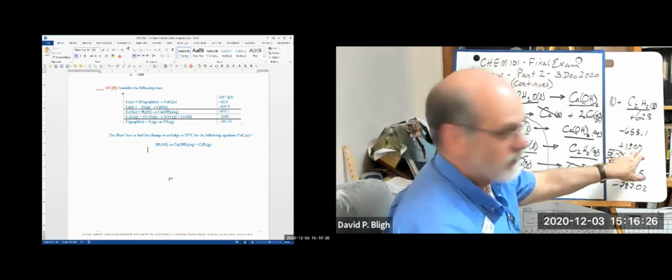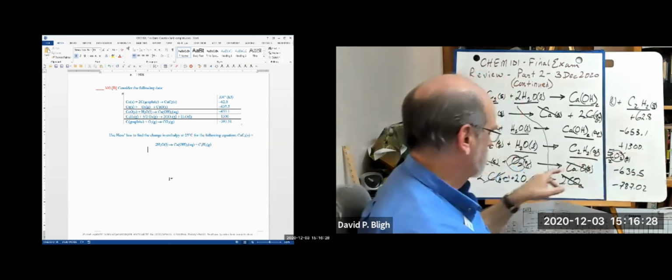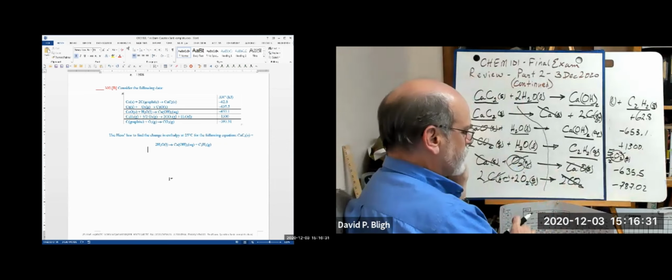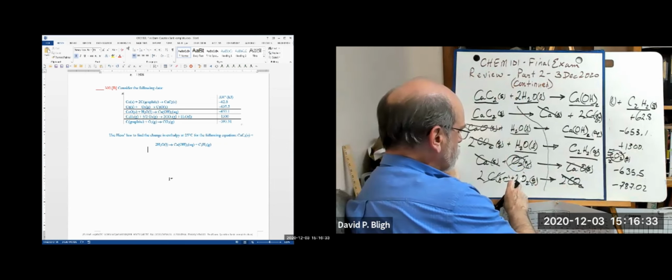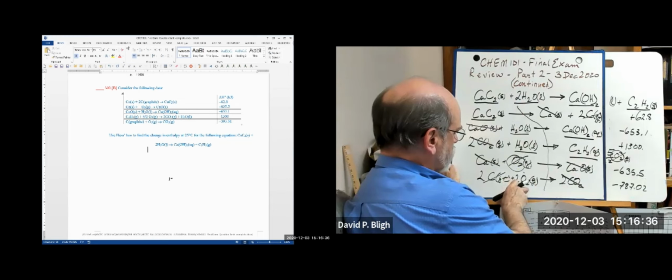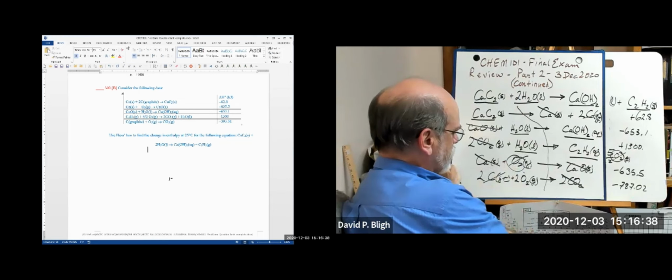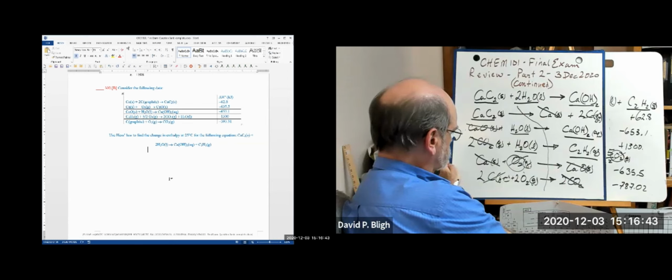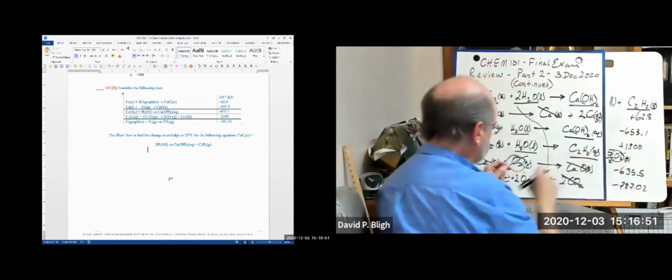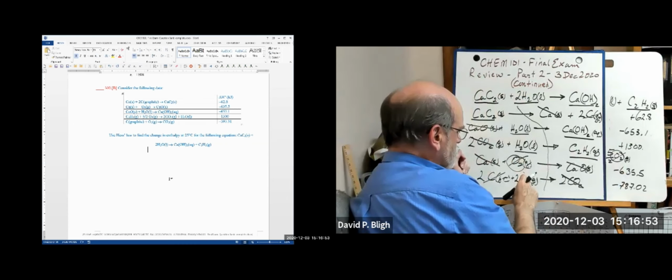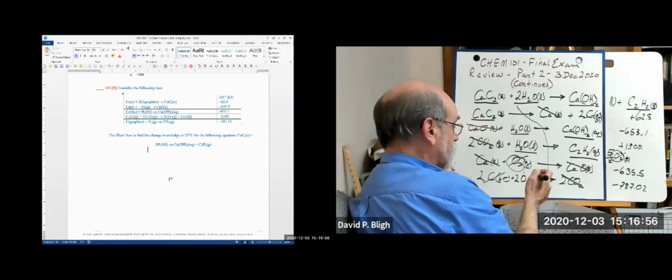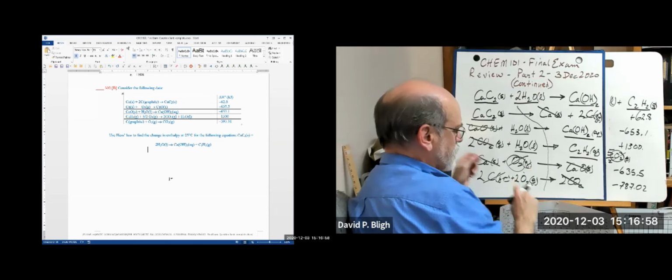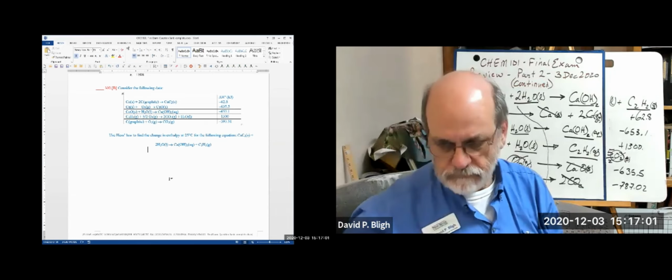Right. And plus 1300 is fine. Okay, now let's see if we can cancel things out. We've got 4 oxygens here, 5 oxygens there. No, wait a minute. We have 5 oxygens total. We have 1, 2, 3, 4. Actually, we've got 6 oxygens here. This is not working.